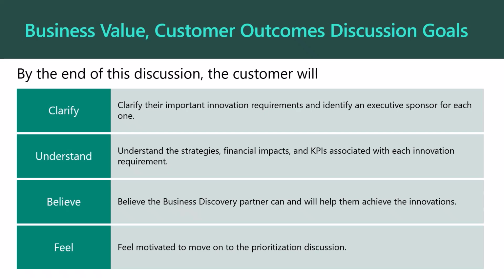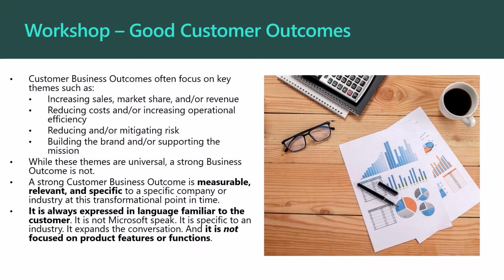So just to give you an idea of what a good customer outcome would look like, right? We want that to be something measurable. We want it to be relevant for their business. We want it to be expressed in a language that's familiar to the customer, right? So not in Microsoft speak. We don't want to talk about how much ACR this AI is going to drive, right?